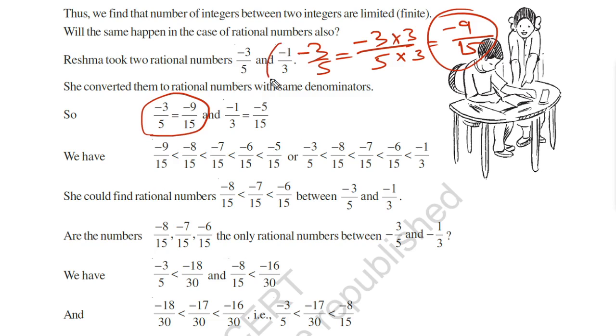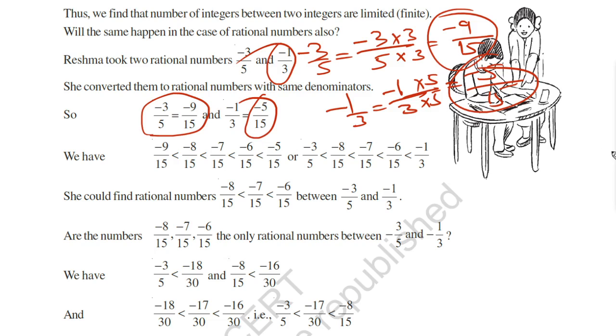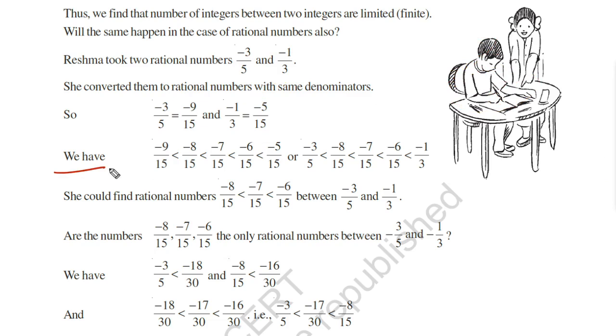And similarly minus 1 by 3 will be equal to minus 1 by 3 into how much will we multiply? 5 upon 5, which will be equal to minus 5 by 15. So here it is written minus 5 by 15.